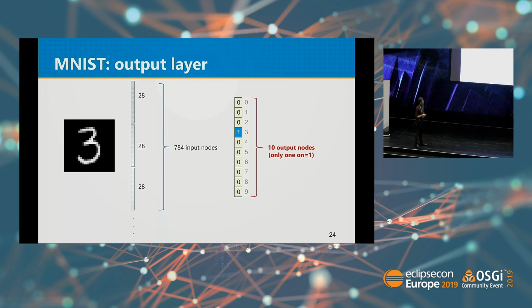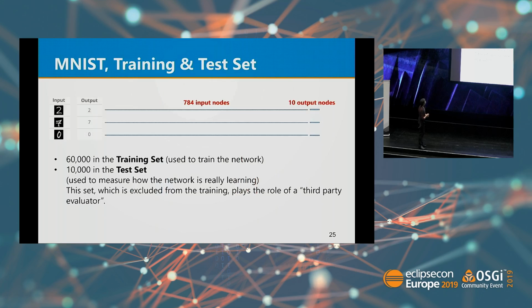For the output it is much easier because we just need 10 nodes, and since it's a classification task, we just have to turn on the node that corresponds to the class. And the MNIST example is split like, in general, a dataset is usually split in two: a training set and a test set.